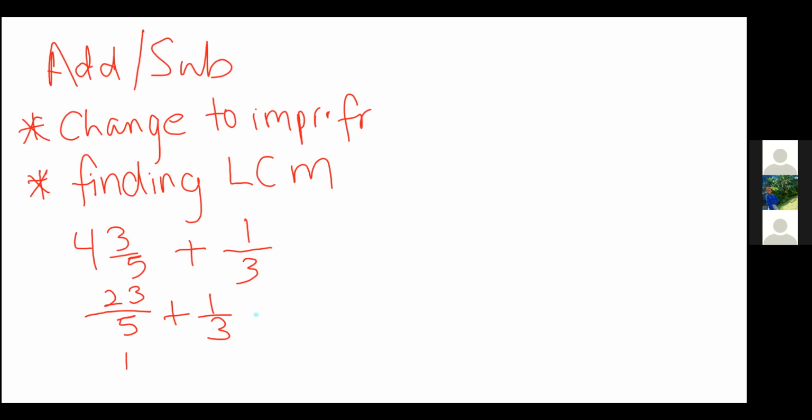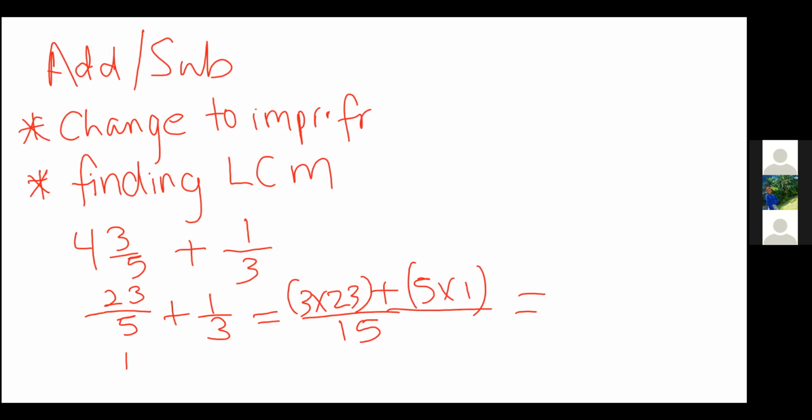And I must say 5 into 15 is 3, and then 3 by 23 is 69. Add 3 into 15 is 5, then 5 by 1, which is 5. So 69 plus 5 over 15, which is 74 over 15.